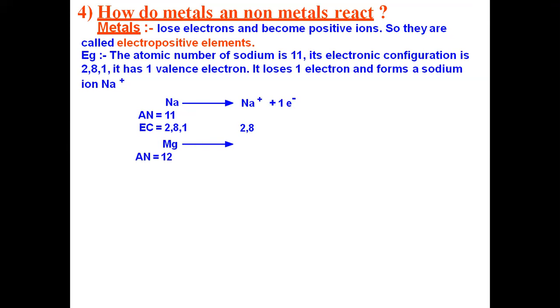Magnesium contains 2 valence electrons in the outermost shell, that is 2, 8, 2. By removing the 2 electrons, we get the octet structure, that is 8 electrons in the outermost shell. So magnesium readily gives its 2 electrons to become magnesium 2 plus with the electronic configuration 2, 8.